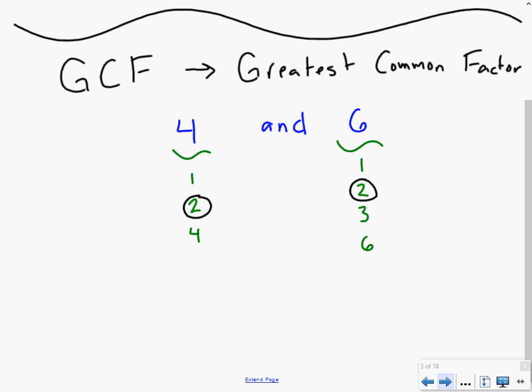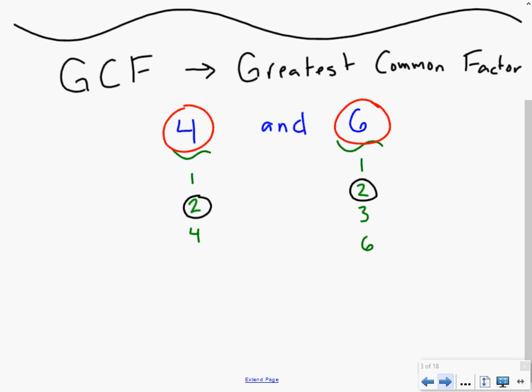Another way that you can think about this is, to find the GCF, think about what is the biggest number that 4 and 6 are both divisible by. The biggest number that those are both divisible by is 2, which gives us the same answer that we found by listing them out. So you can always find a GCF by thinking, what is the biggest number that each of those are divisible by? Keep that in mind.